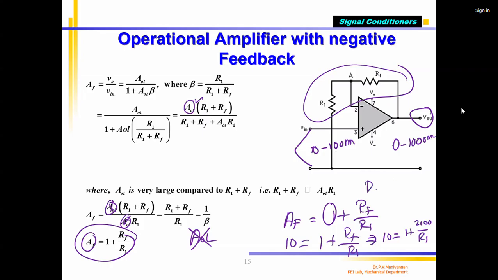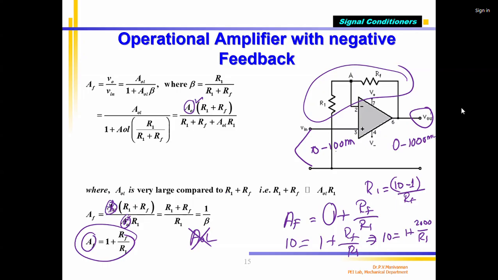R1 equal to RF divided by 10 minus 1. So you can find out the value, and now you have designed the operational amplifier. This is how an operational amplifier with negative feedback eliminates the dependency on AOL.